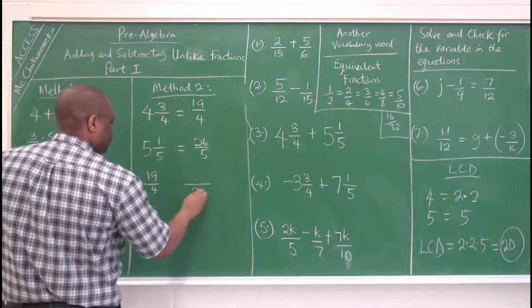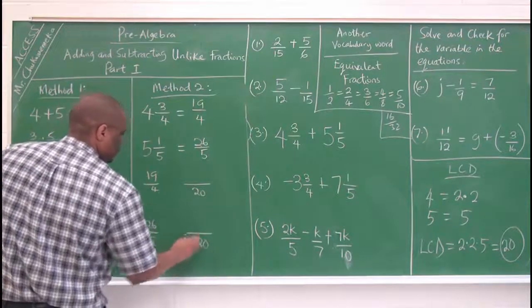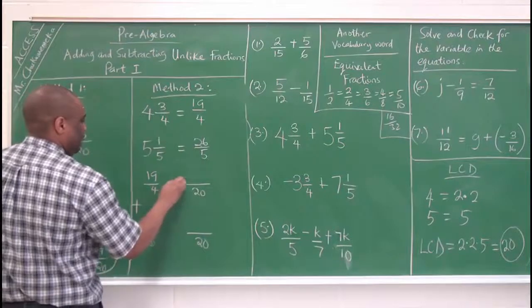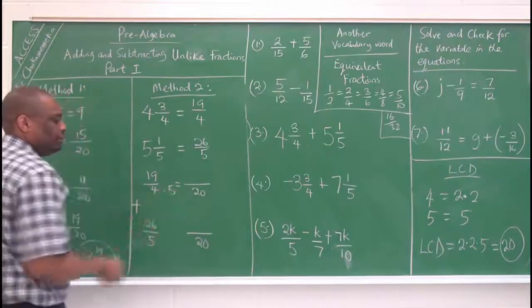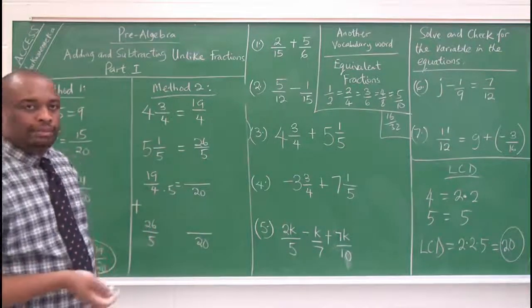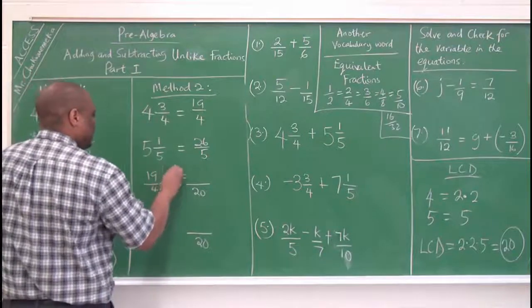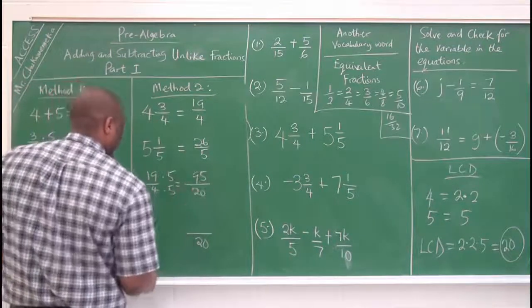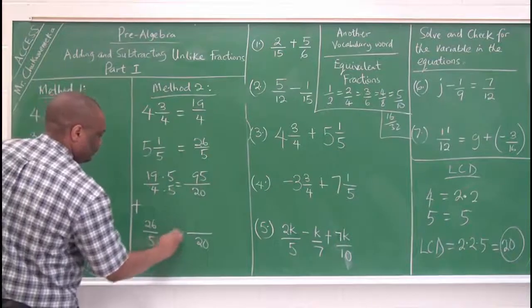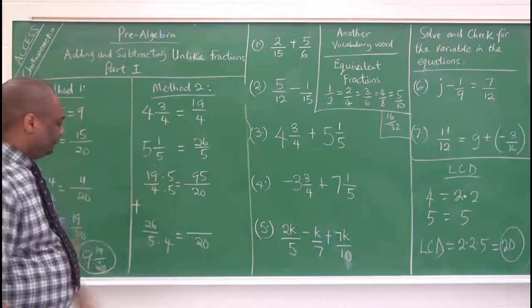Okay? The LCD is still 20. Right? What will you do to 4 to give you 20? You multiply by 5. So 19 times 5 is 95. Then what will you do to 5 to give you 20? You multiply by 4.